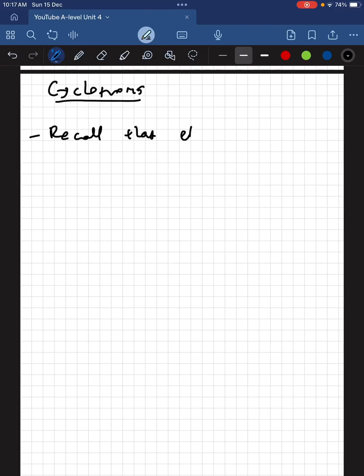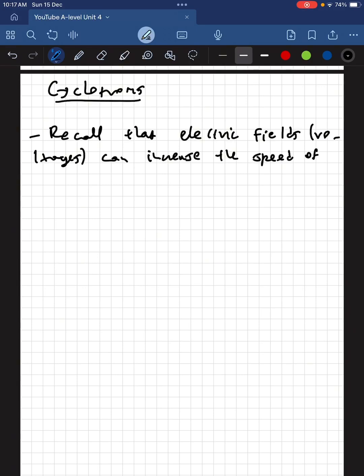So recall that electric fields have associated voltages with them, right? So an electric field or an accelerating potential or voltage can increase the speed of charged particles.